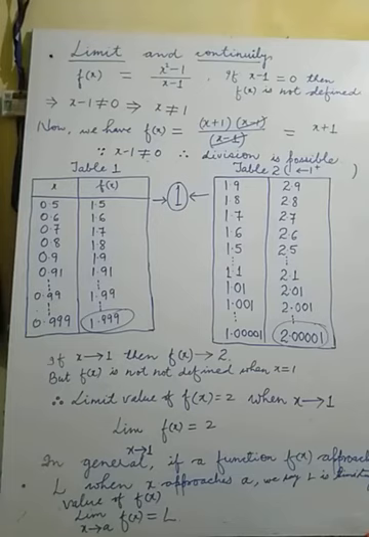Symbolically, suppose a function f(x) approaches L. Here it is approaching 2, but suppose it approaches not 2 but L. When x approaches A, here x is approaching 1, but suppose x approaches A, we say that L is the limiting value of the function f(x).